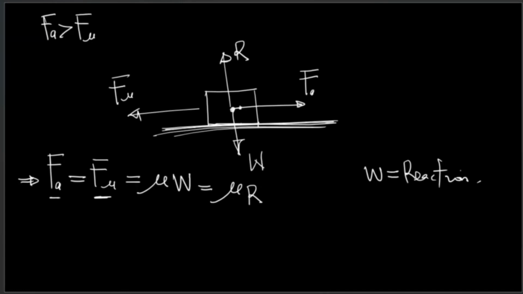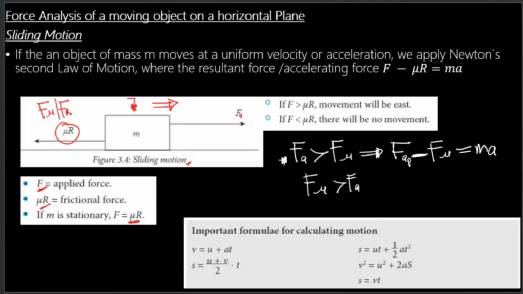Because the forces are opposing each other, you can actually write this as Fa minus the frictional force. But the concept of what we want to derive here is the formula for the force that will cause the object to move forward. This is from the concept of friction, which is also applied here as well.